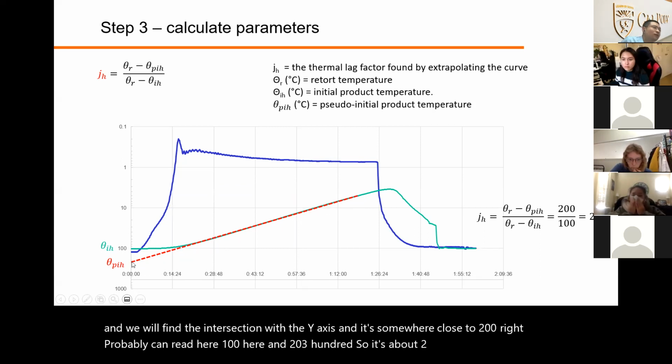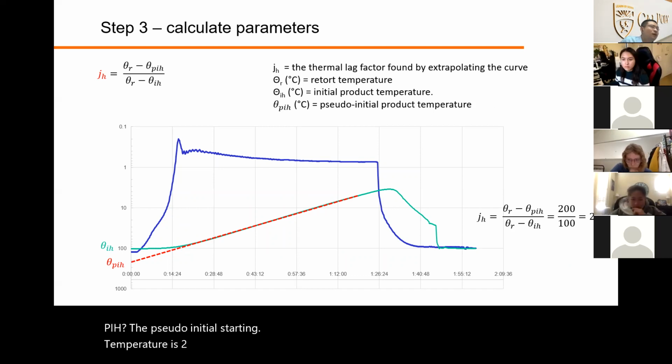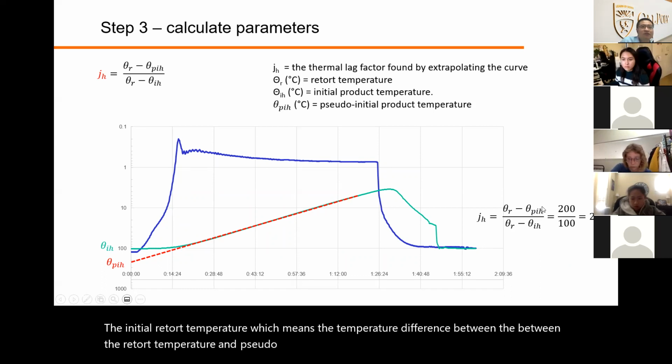So that's our theta PIH, the pseudo initial starting temperature, which is 200 degrees C below the retort temperature, which means the temperature difference between the retort temperature and the pseudo initial temperature is 200.